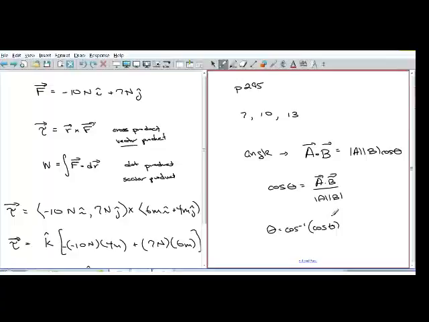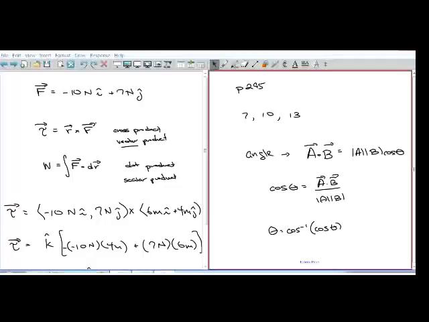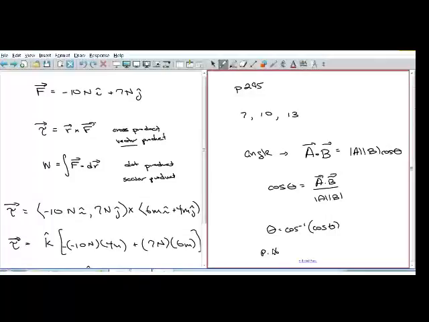And let's see if I can find the part about dot products. Let me just pause for a second. Okay, so you can see that it's on page 160, equation 7.2.